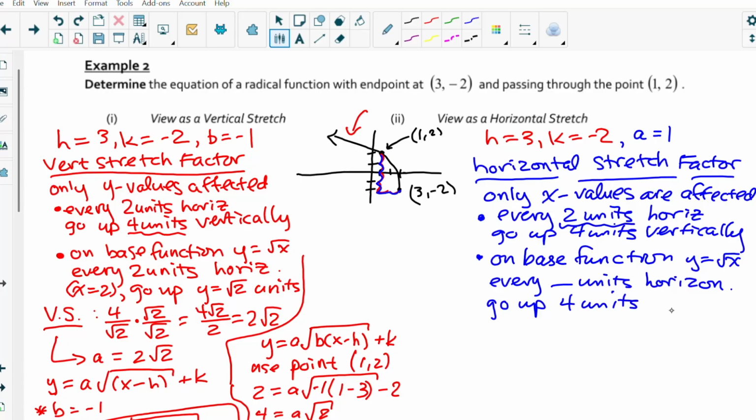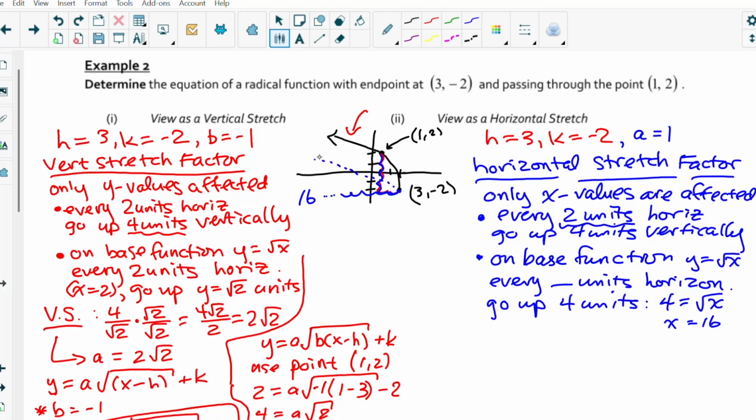So let's take a look at this. On the y value, I'm going up 4 units. What is the x value that corresponds to a y value of 4? Well, that x value, x must equal 16. So I must go 1, 2, 3, 4, 5, and so on, 16 units total on my base function.